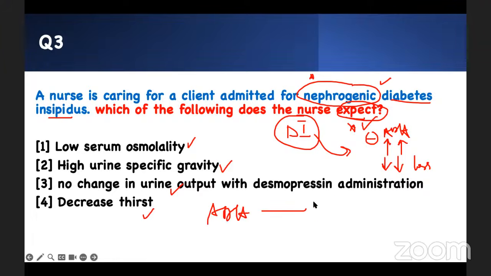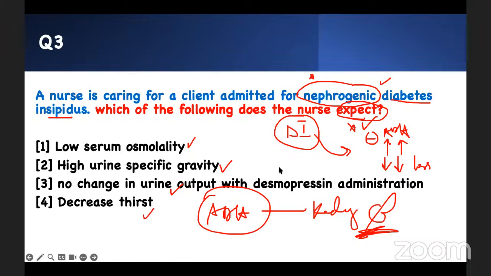But when it goes to the kidney, there's nothing. The kidney does not recognize it at all, even though you have ADH. And therefore, you act like diabetes insipidus, but it's not because you don't have ADH, it's because the kidney does not recognize it.